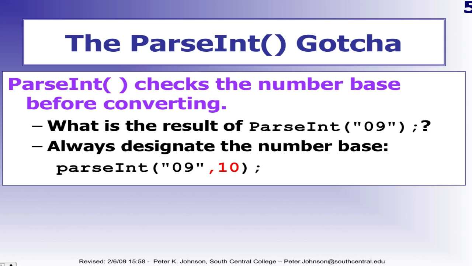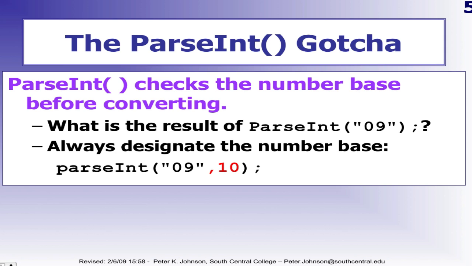What happens is when JavaScript sees that 0 in front of the 9, it thinks that this is an octal-based numbering system. An octal is counting by 8s. So it's not like our decimal system, which counts by 10, and consequently the numbering is all off. So every time you use parseInt, you have to use the added parameter to tell JavaScript, yes, we're doing decimal numbers.